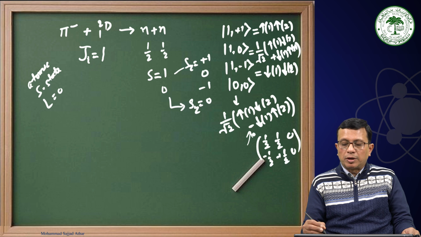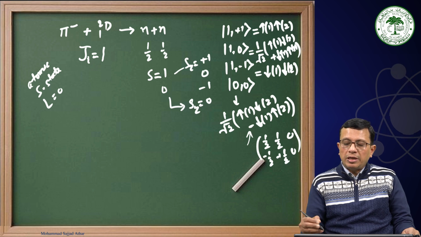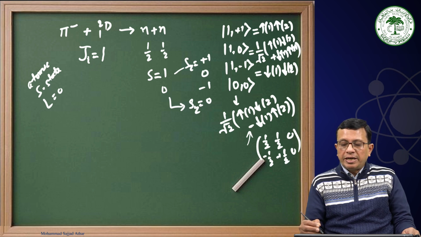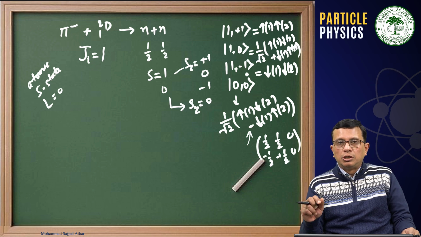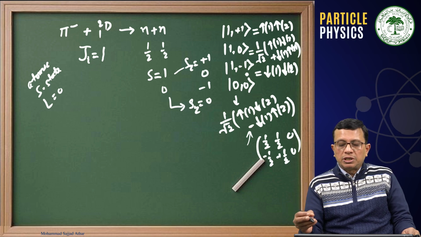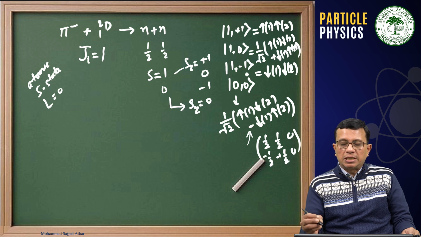Now, when we look at all these four terms, we find that the first three, the 1 +1, 1 0 and 1 -1 states, are symmetric states, and as we interchange the positions of the two neutrons there is no change of sign, while the fourth state, the 0 0 state, is an anti-symmetric state.